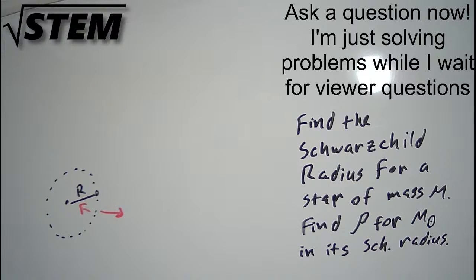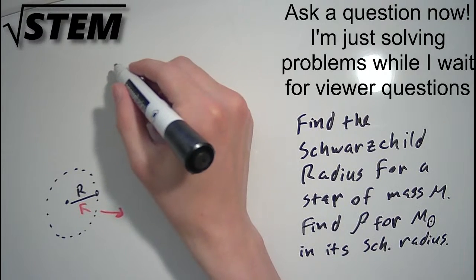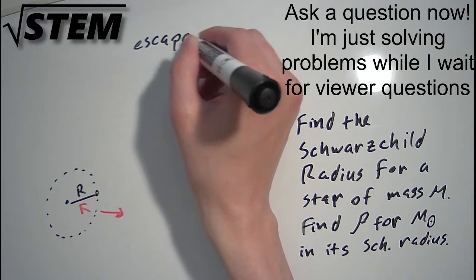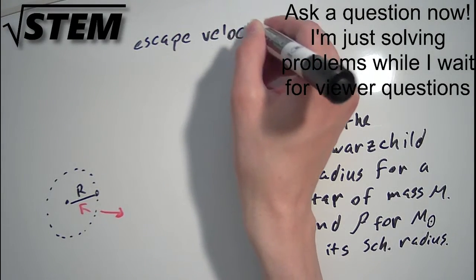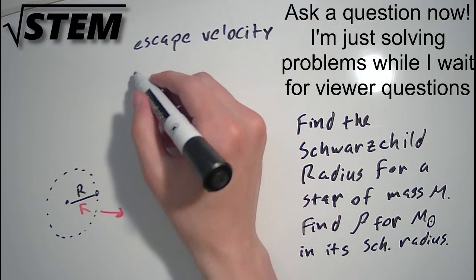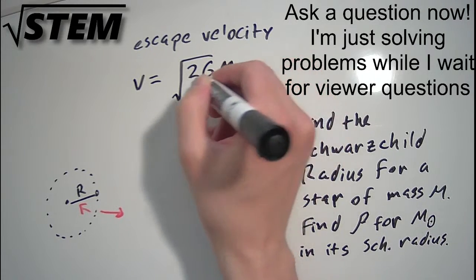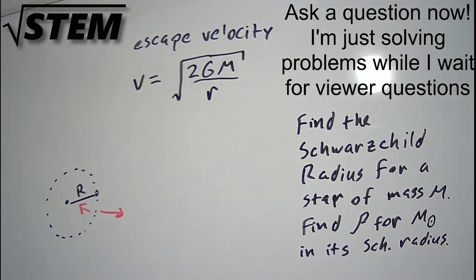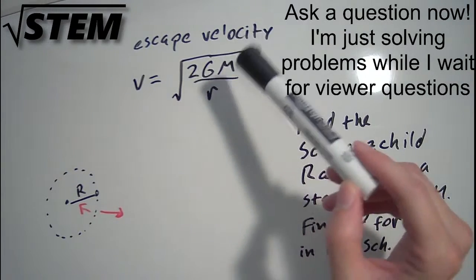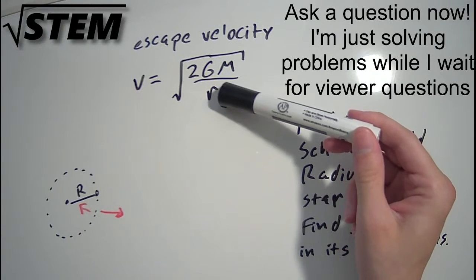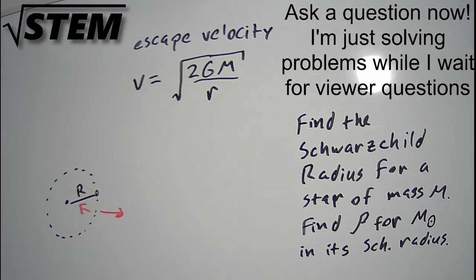So we have a formula for the escape velocity. So here, of course, we have the gravity constant, we have the mass of the body that we're around, and this is the distance away from the body that we are.